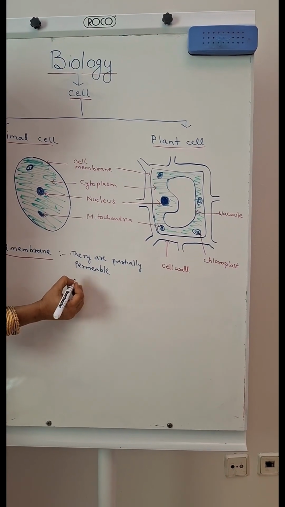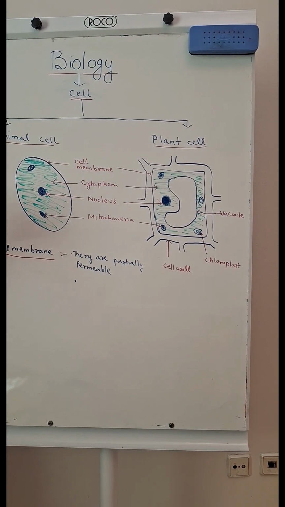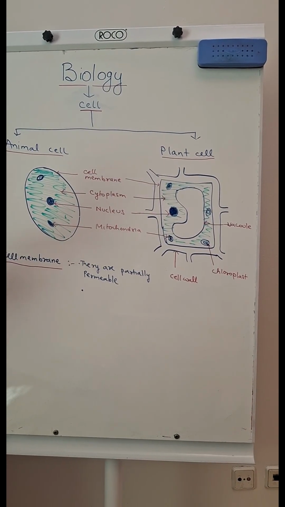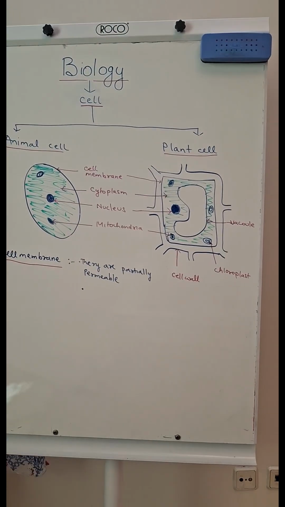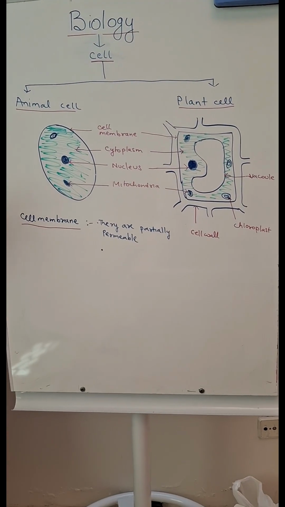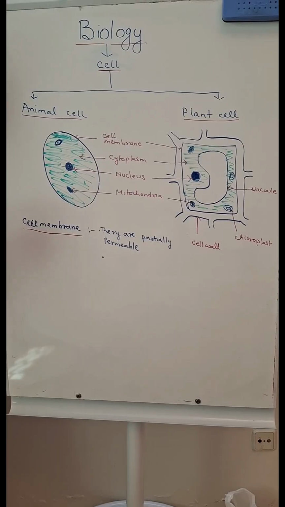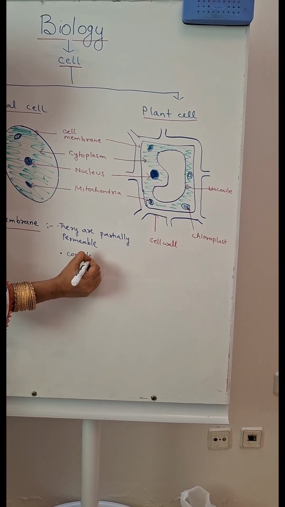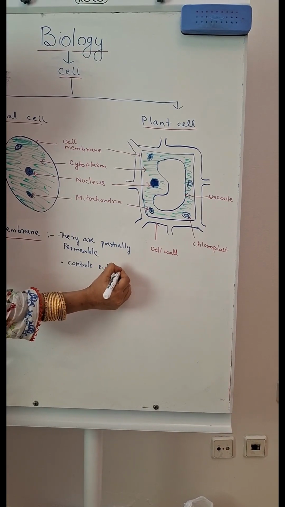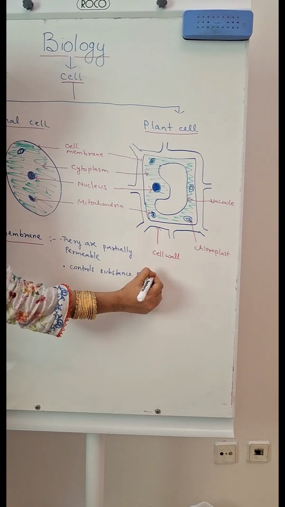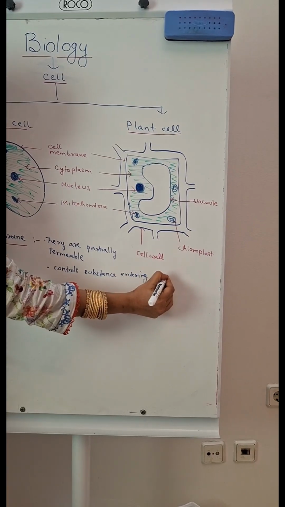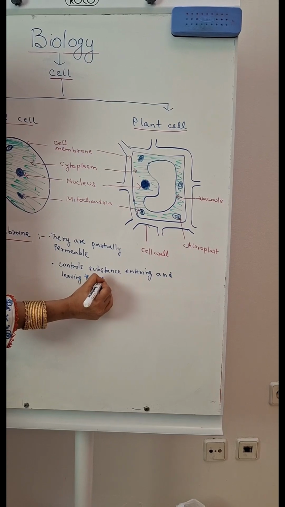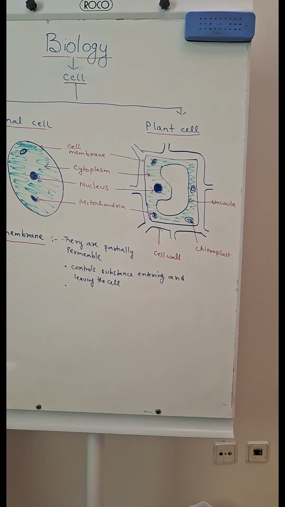So this partially permeable membrane helps the cell membrane in checking what substances should enter or leave the cell. So the cell membrane controls substances entering and leaving the cell. Any other thing?